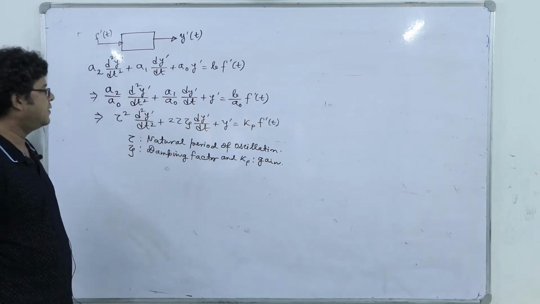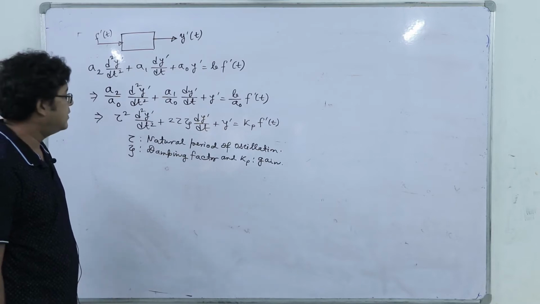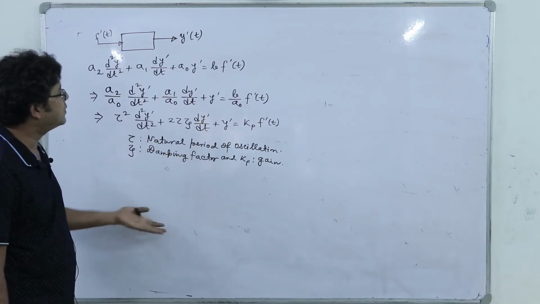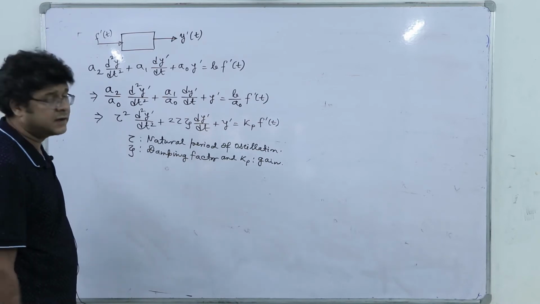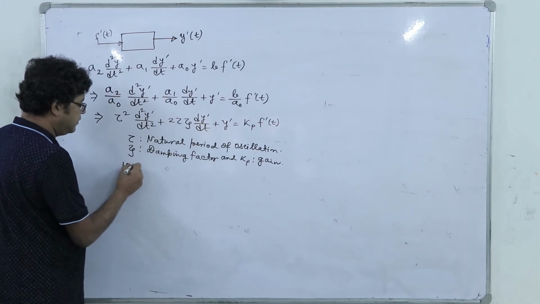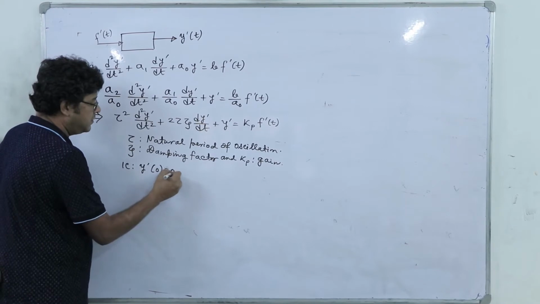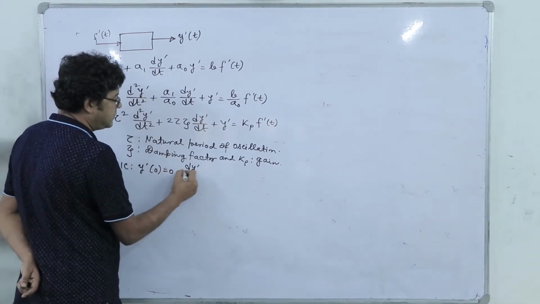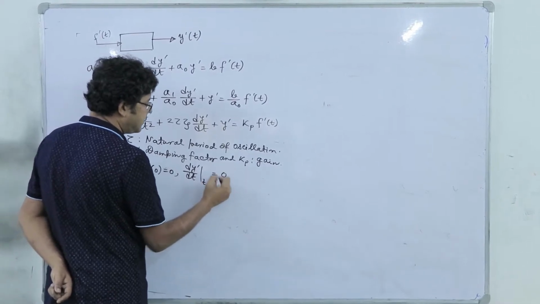We will discuss the physical significance of why these are referred to as the natural period of oscillation. But before that, let us take the Laplace transform and get the transfer function of the second order system. Here the initial conditions are y prime 0 is 0 and also the first derivative at 0 will be 0, right.